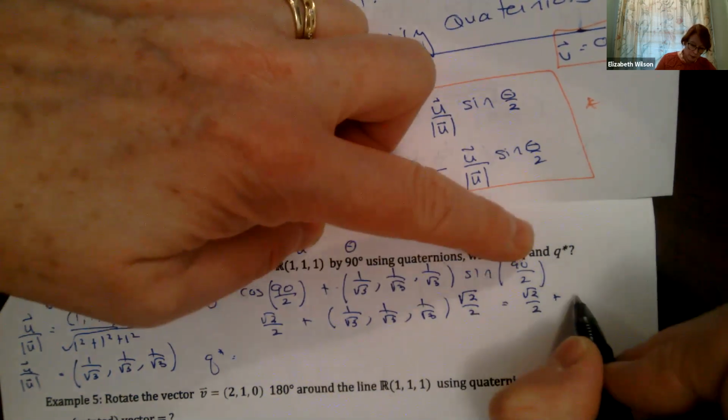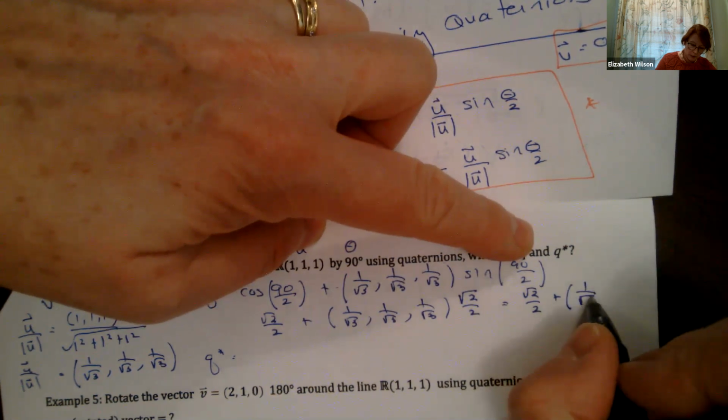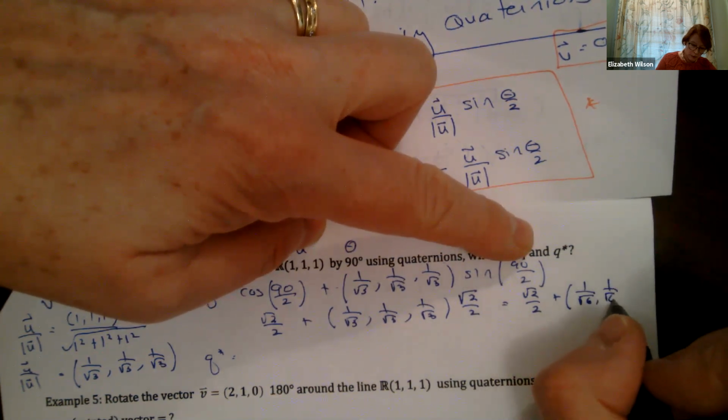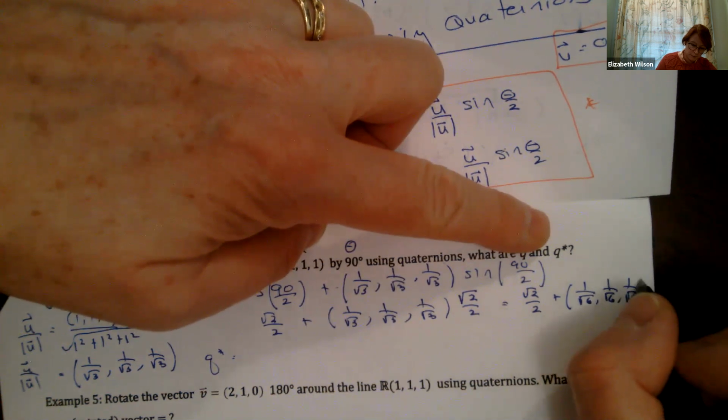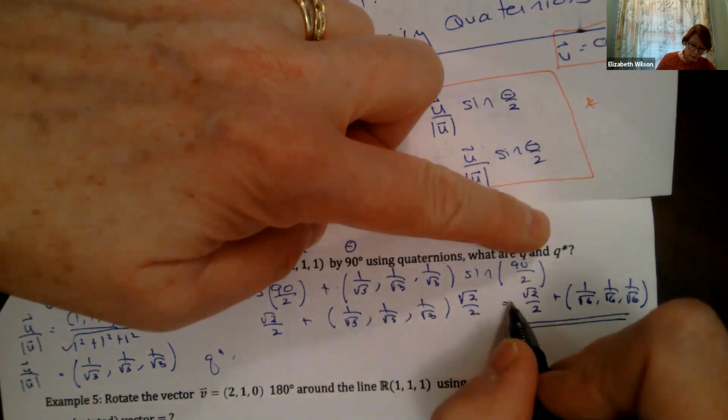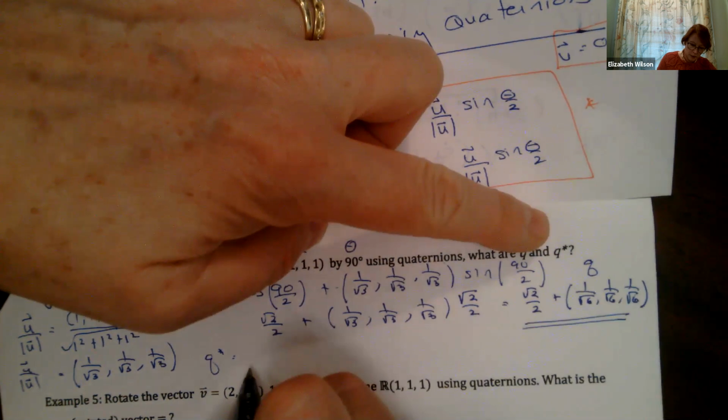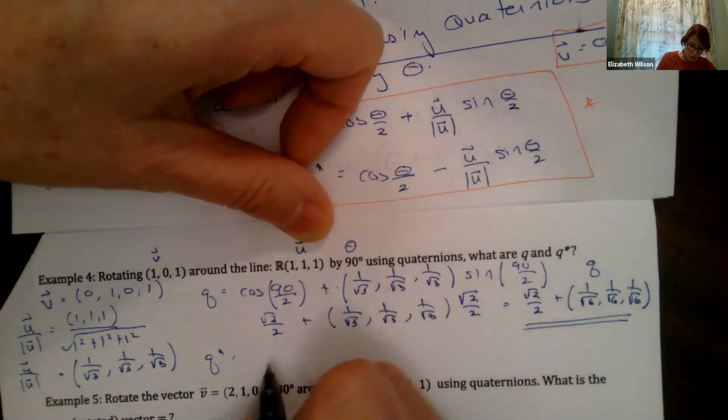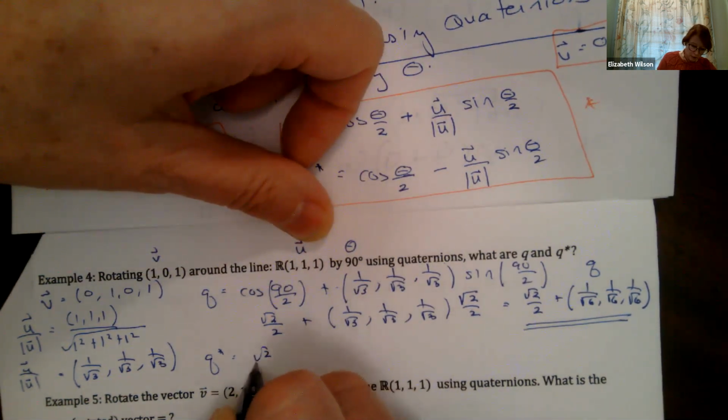I'm going to make this into 1 over radical 6, 1 over radical 6, 1 over radical 6. That's Q. And then my Q star is going to be the same thing, only subtracting. So it's going to be radical 2 over 2 minus.